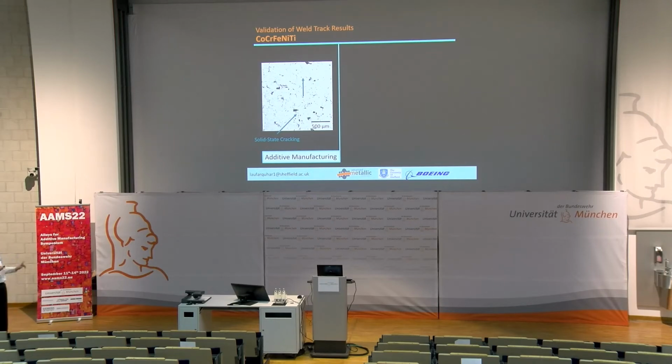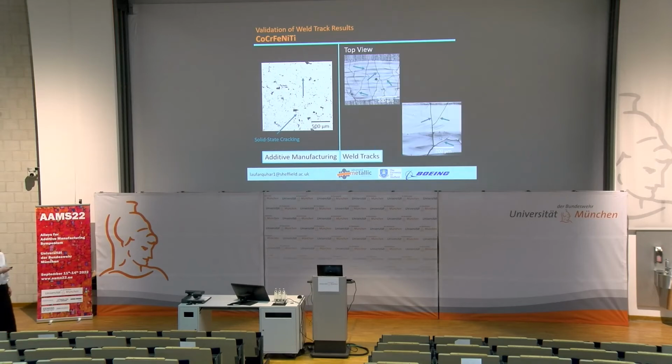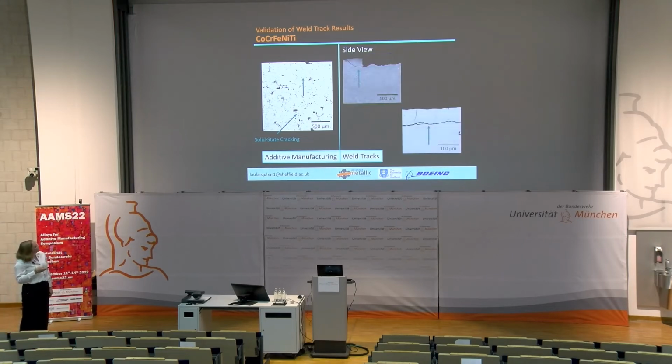And we see extensive solid state cracking. And you can see it didn't disappoint on this front in the weld tracks either. So there's extensive solid state cracking at every condition. And this cracking was so prevalent that it caused spallation of the surface, so we couldn't get any useful measurements from these alloys at all because the cracking was so prevalent.